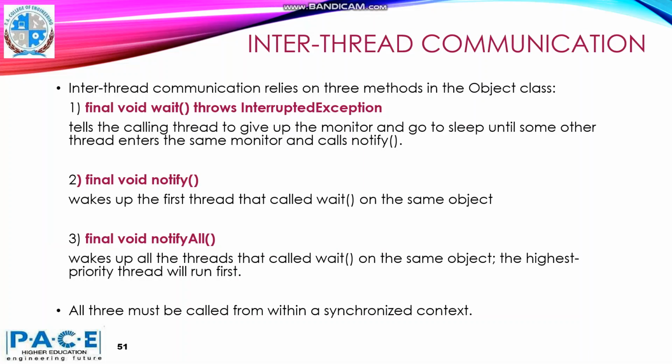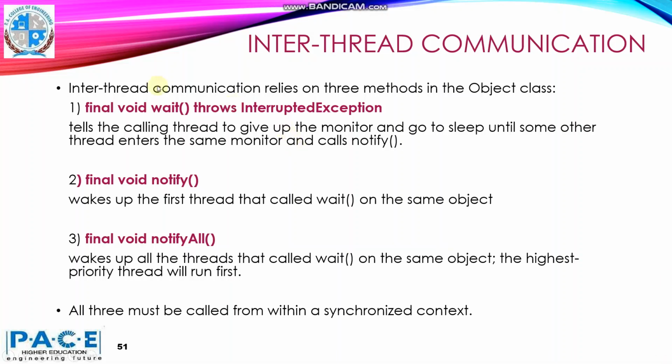These methods are wait, notify, and notifyAll. All these three methods must be called from within a synchronized context. We have discussed in our previous video what a synchronized context is. A synchronized context can be a synchronized method or a synchronized block.